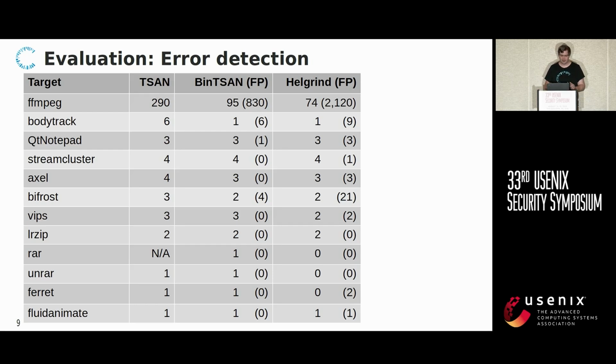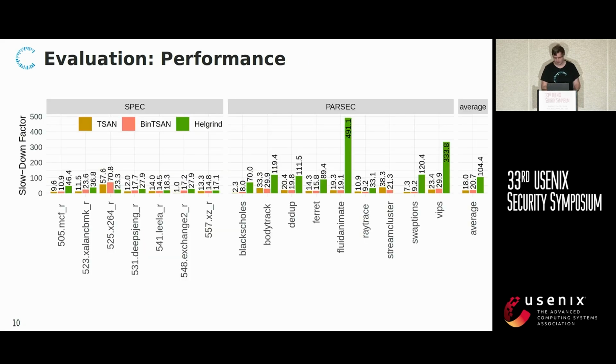And there are a couple of reasons for this. One of the main reasons is that FFmpeg uses a lot of these atomics. And if we cannot detect these atomics by our heuristics and the heuristics fail, obviously, we will get false positives and false negatives. Still, we are much better than Helgrind in every regard, which doesn't have these heuristics.